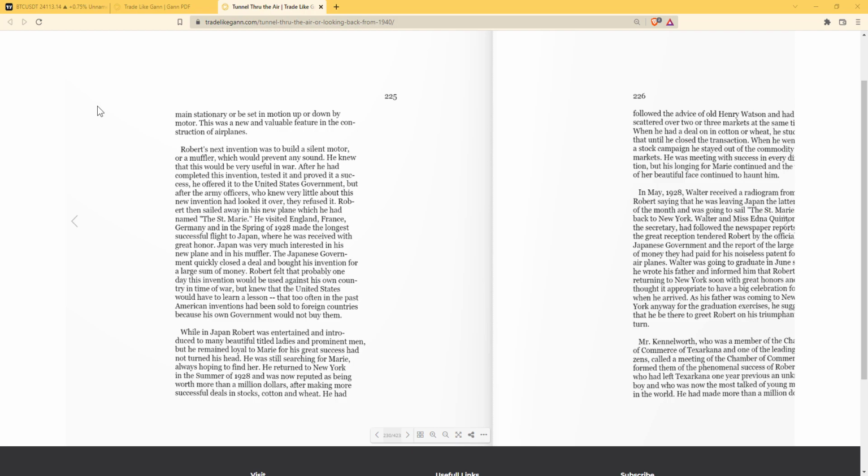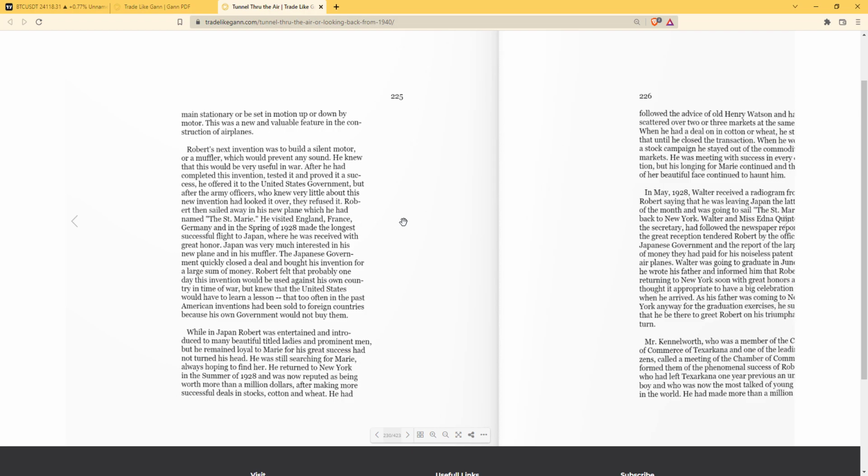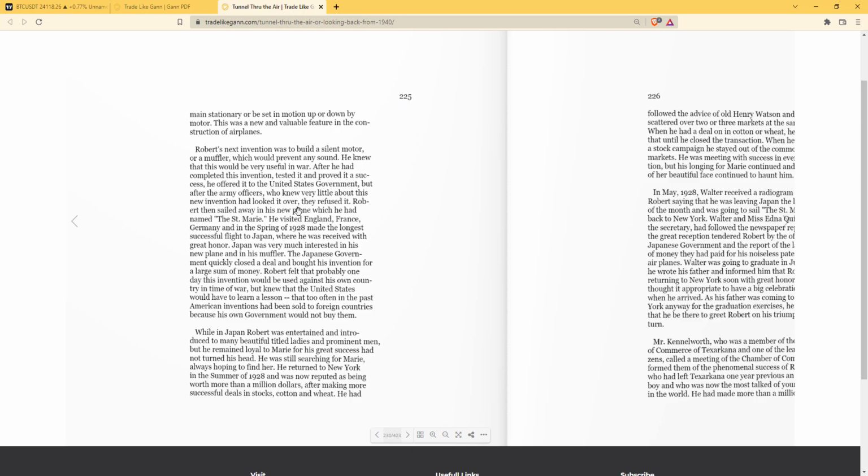We are on page 225 of Tunnel Through the Air, and here we see that W.D. Gann mentions for the first time the name of this specific cycle that I'm going to share: the Saint Mary.